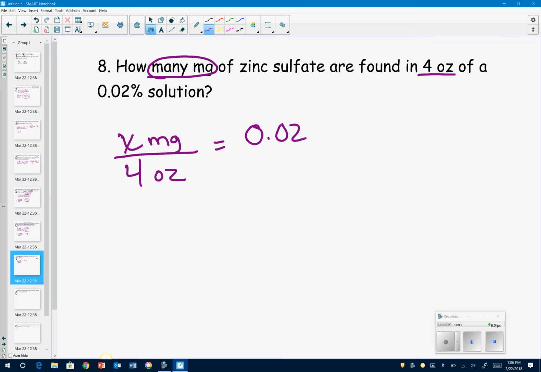So your 0.02% would be in grams, and because it's a percent, we automatically put 100 milliliters underneath it.